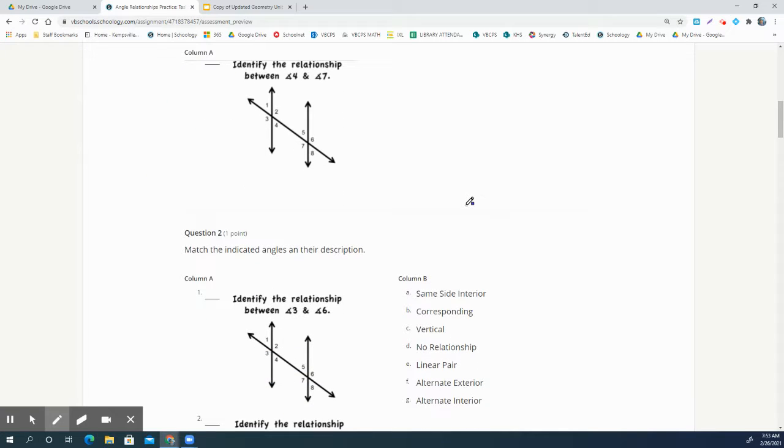Okay. What about 4 and 7? What's the relationship there? Are they on the same side of the transversal or alternate? Same side. Are they inside or outside the parallel lines? Inside. So these are same side interior, right?